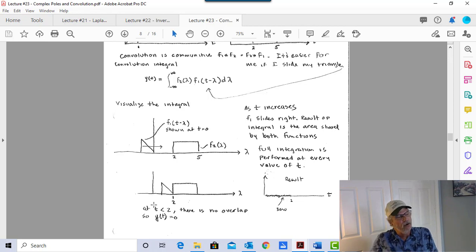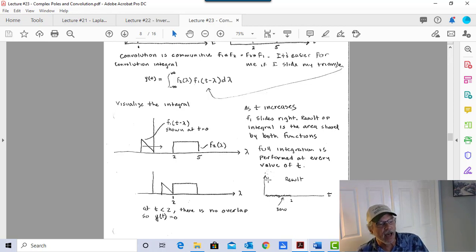So now, look at this. I can shift this all the way up to t equals 2, and I'm still going to get 0. So from t equals minus infinity all the way up to t equals 2, there's going to be no overlap.